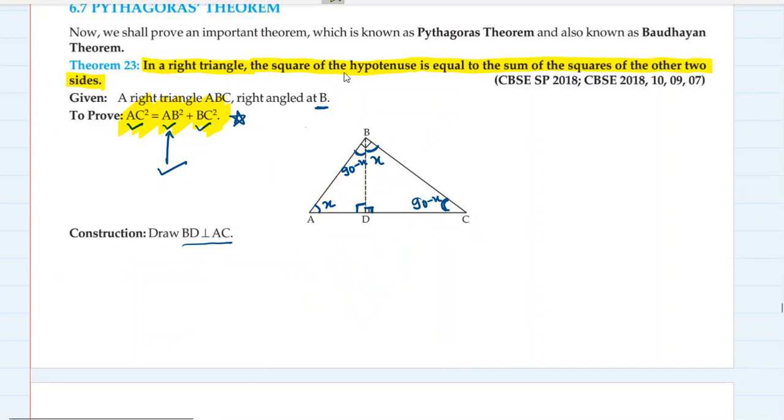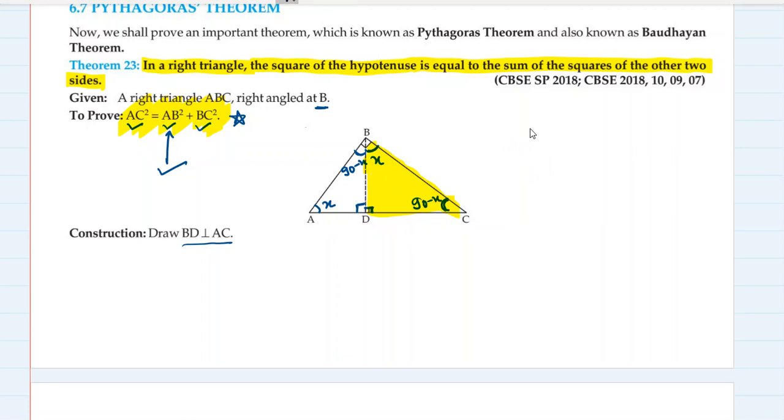For the next part, I'm going to take this small triangle BDC. I'm going to highlight that triangle so that you know which two triangles I'm proving similar. So I will prove this triangle BDC similar to the big triangle ABC.